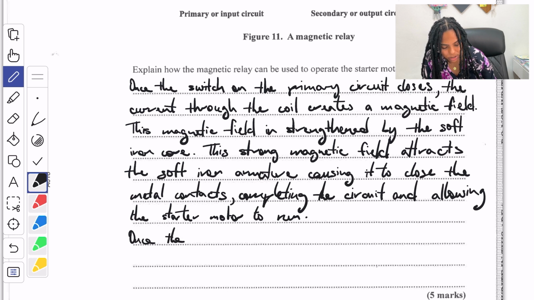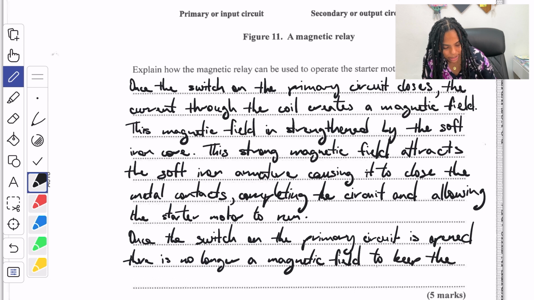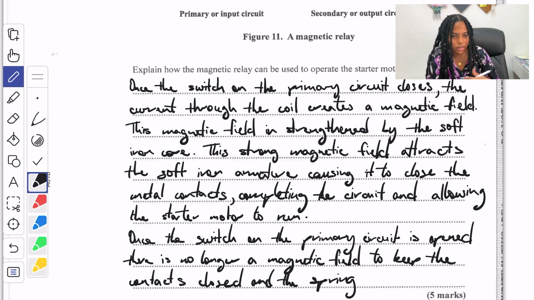Once the switch on the primary coil or primary circuit is open, there is no longer a magnetic field to keep the contacts closed, and the spring pulls or pushes the iron, and the spring mount, if you want to call it the whole correct name.